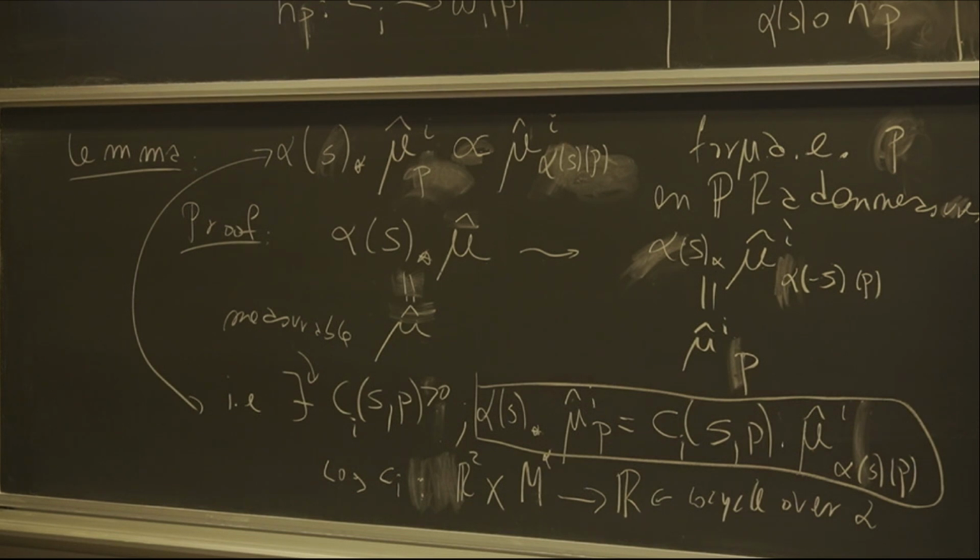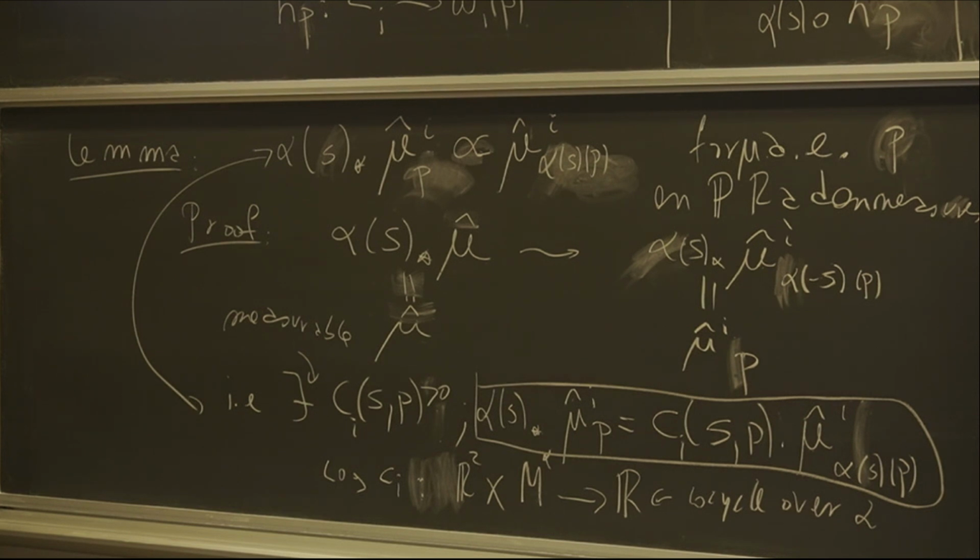Okay, and down here then I will have the pullback of this measure. So I have to lift this measure now, which goes in the opposite direction, as you were saying. So I have h_i alpha S of P inverse star of mu hat i P, of alpha S star of mu hat i P. So I'm just pulling back this guy here.